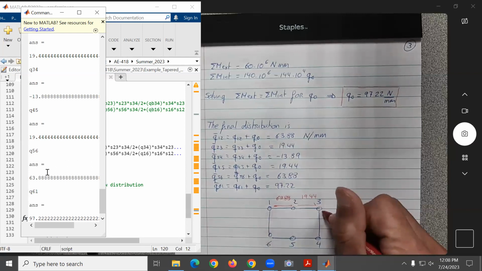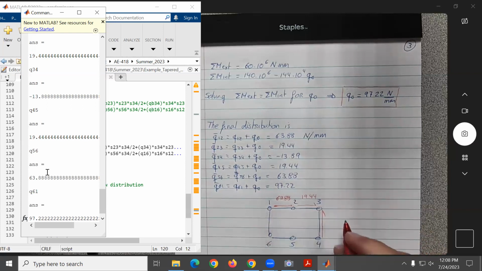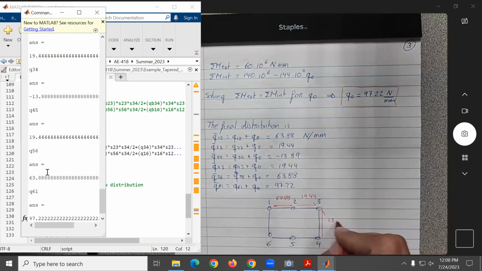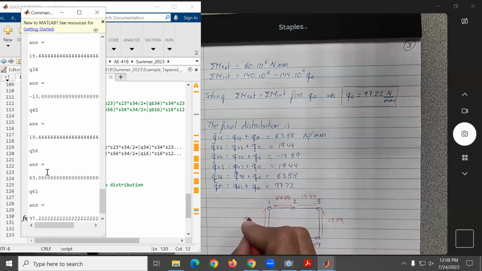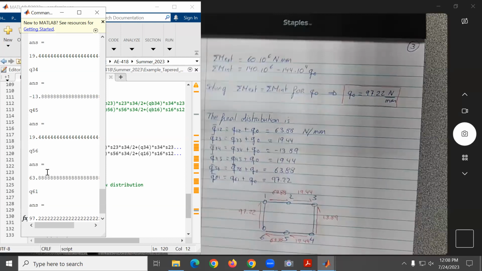Q34 goes in the opposite direction, 13.89. Q45 goes in the same direction, 19.44. Q56, 63.88. And Q61, 97.22.